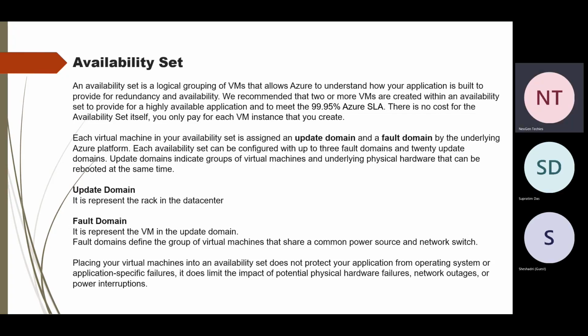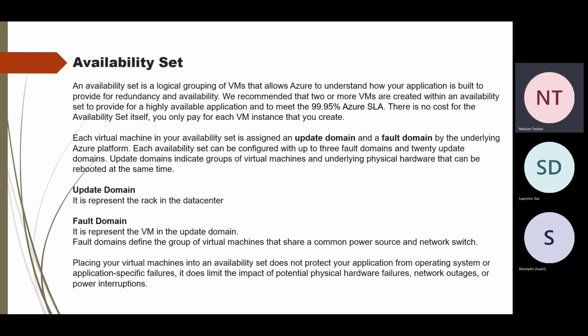Within the availability set, one VM for the HANA database primary, another VM for the HANA database secondary, and then you can configure HANA system replication, which will guarantee 99.95% SLA for your VMs within the availability set.